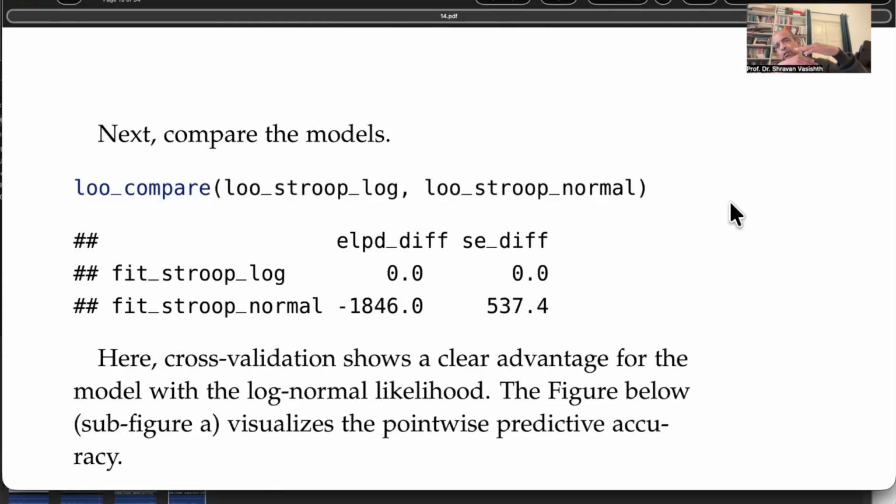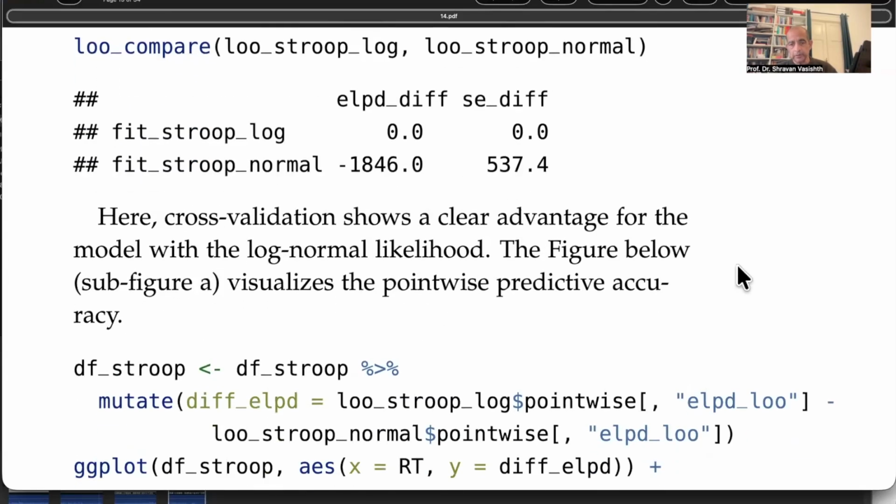The better model will have more positive values and the worse model will have negative values. So if you take the difference between the better model and the worse model, positive values mean that the better model is showing a better predictive fit.